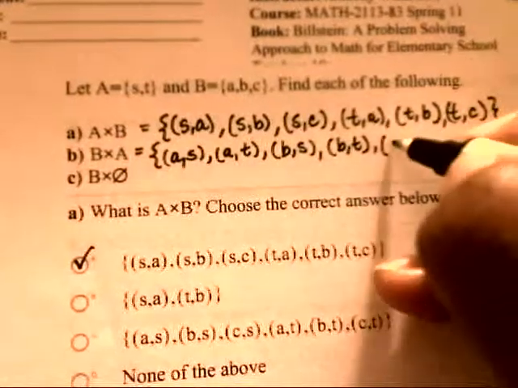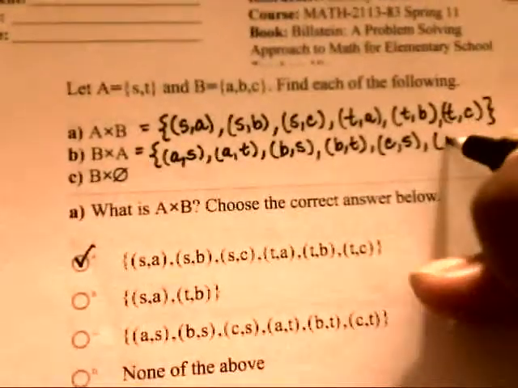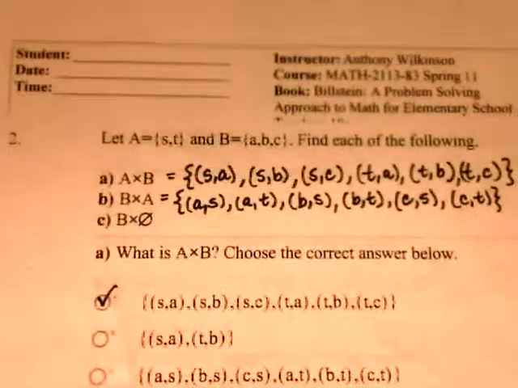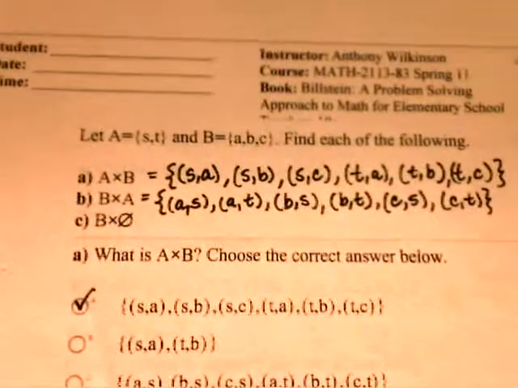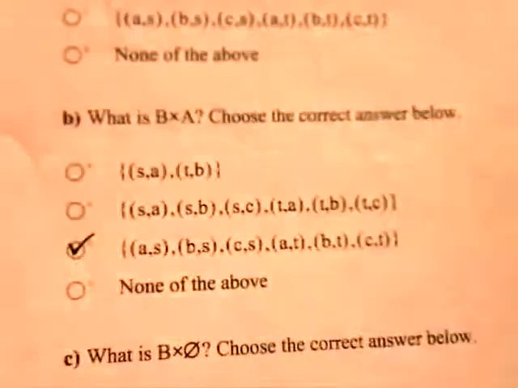And then C from set B will be paired with S in A, and C will be paired with T, like this. So now you have 6 ordered pairs. So the answer B, pretty much that would be, in this case, this answer right here.